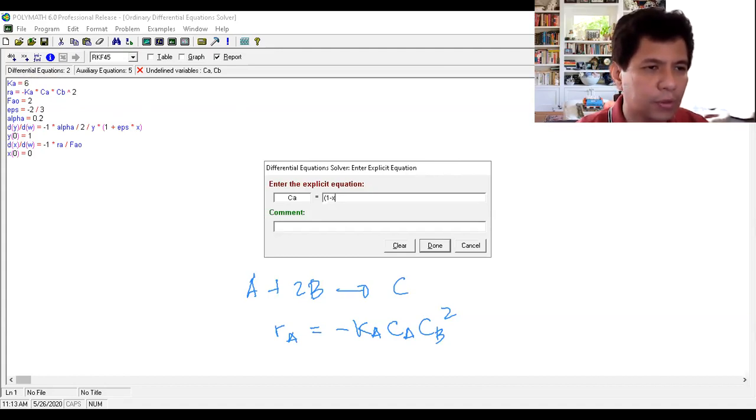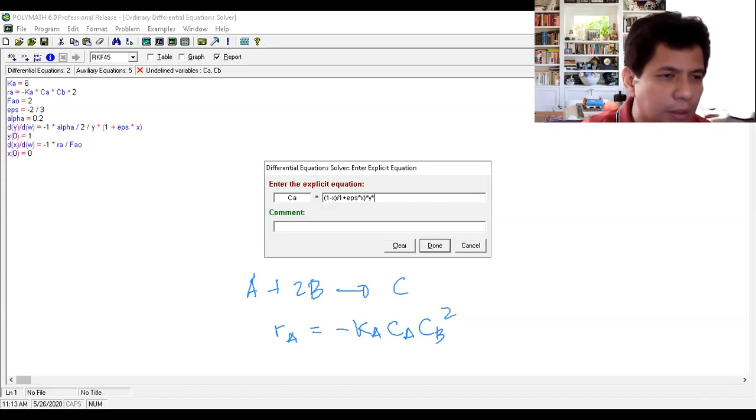We use small letter X for conversion, right? Then divided by 1 plus epsilon times X. Okay, and then you need to multiply this by Y and also by CAO. So our CAO is capital C.